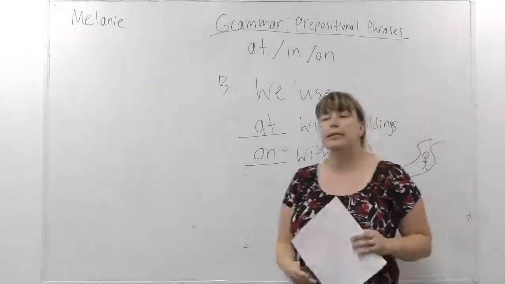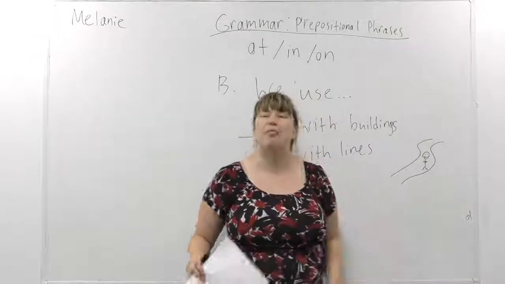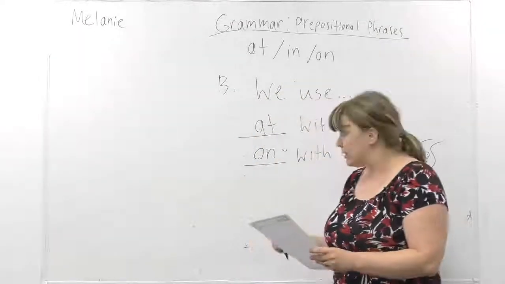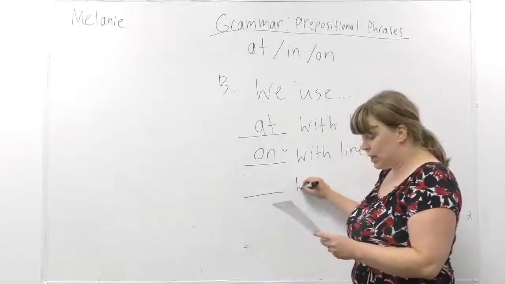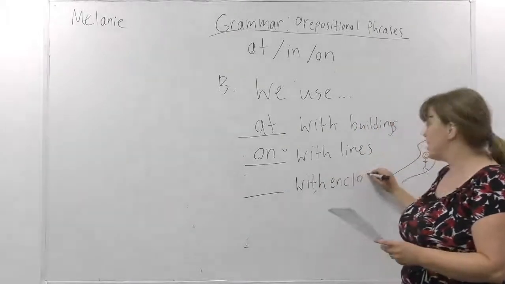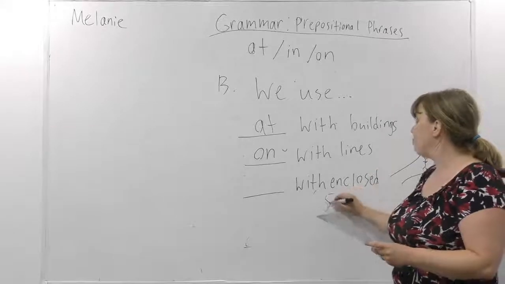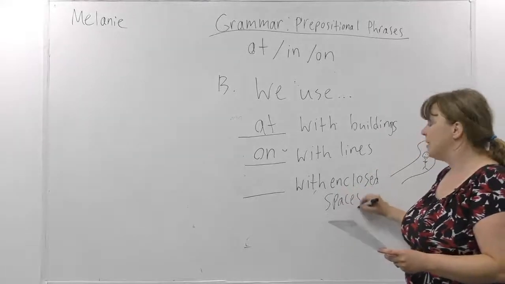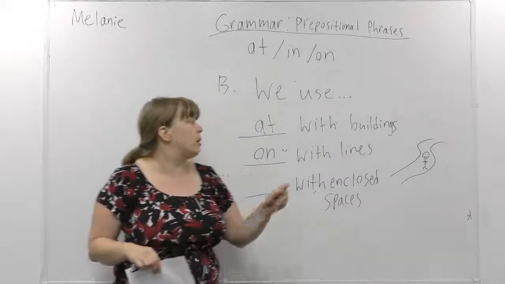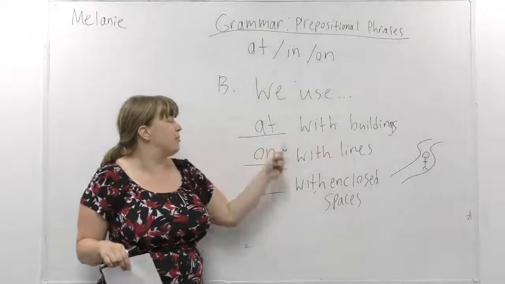So usually we walk on a path. So for example, I walked on a path through the forest. It was beautiful. And with enclosed spaces, enclosed. Remember I used this word a couple minutes ago? So for example, a room or a building. Okay, so it's a bit different from this.